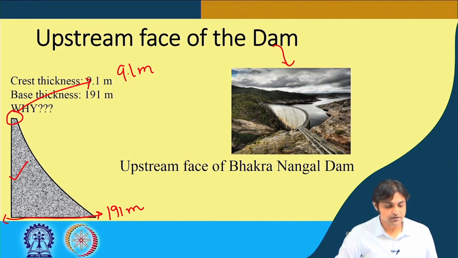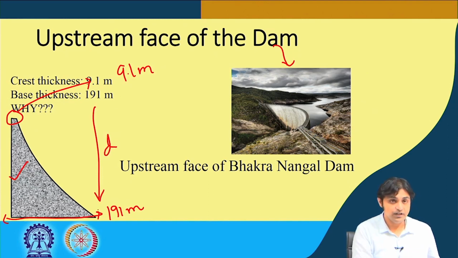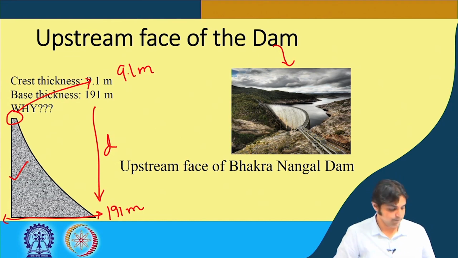It's very simple to explain: as you go deeper and deeper, so this represents the increasing water depth in this direction, the weight of the water that it needs to support increases. Therefore, to resist the force, the base of the dam needs to be larger. This is a very simple explanation why we have a smaller crest and the base thickness is very high.